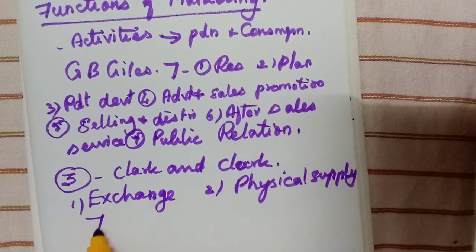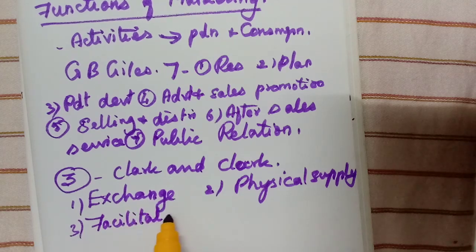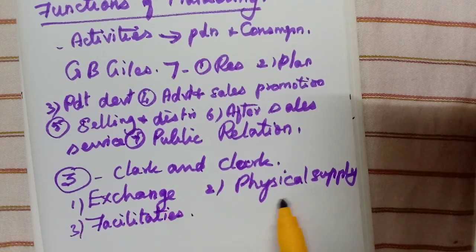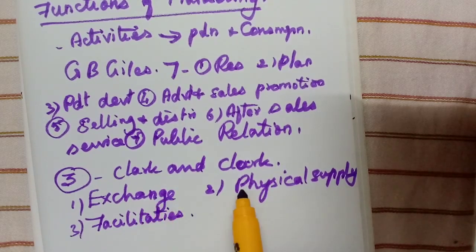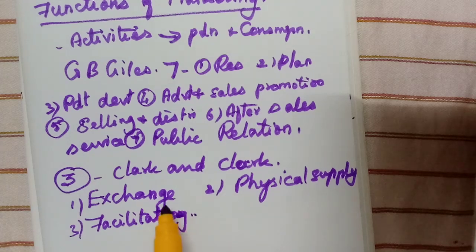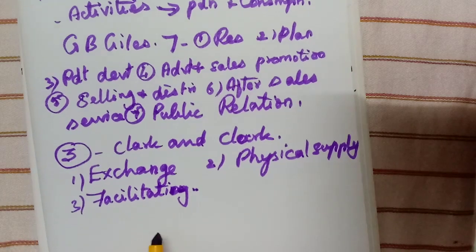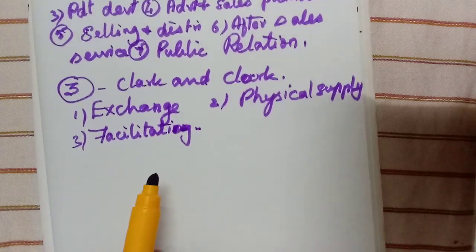Then the third one, facilitating functions. That is many facilities not closely related to distribution. Now, for exchange and physical supply, these facilitating functions will be helpful. This one is accepted by everyone because it gives the real function. So we will see these in detail.